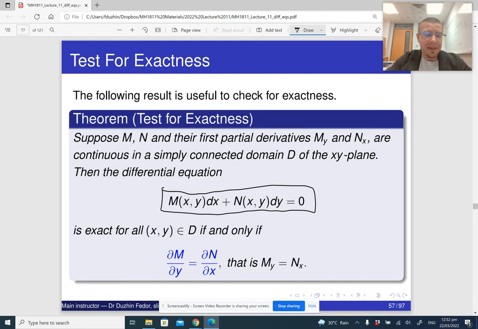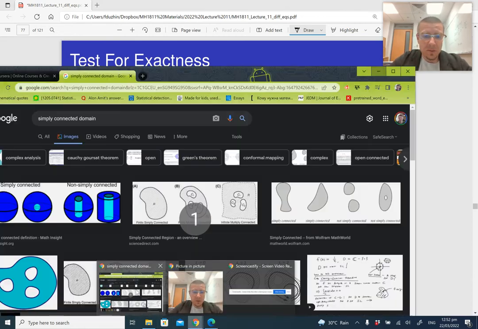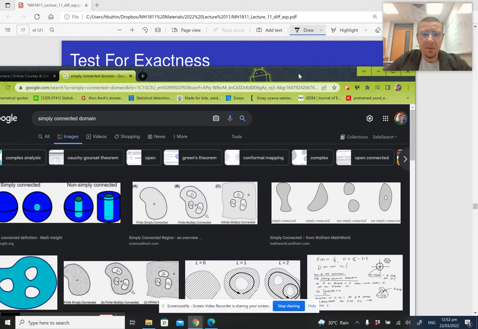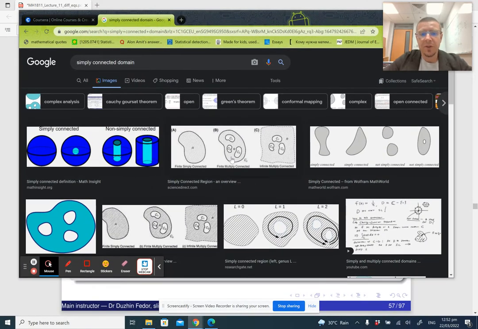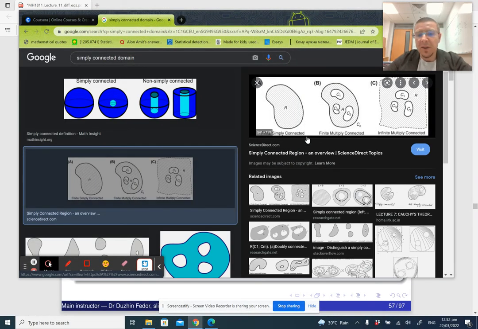So it is going to be true, but only in a so-called simply connected domain. Now, I'm not going to explain this in full detail, what a simply connected domain is. If you're interested, you can just Google it, right? But basically, a simply connected domain is something that does not have holes.